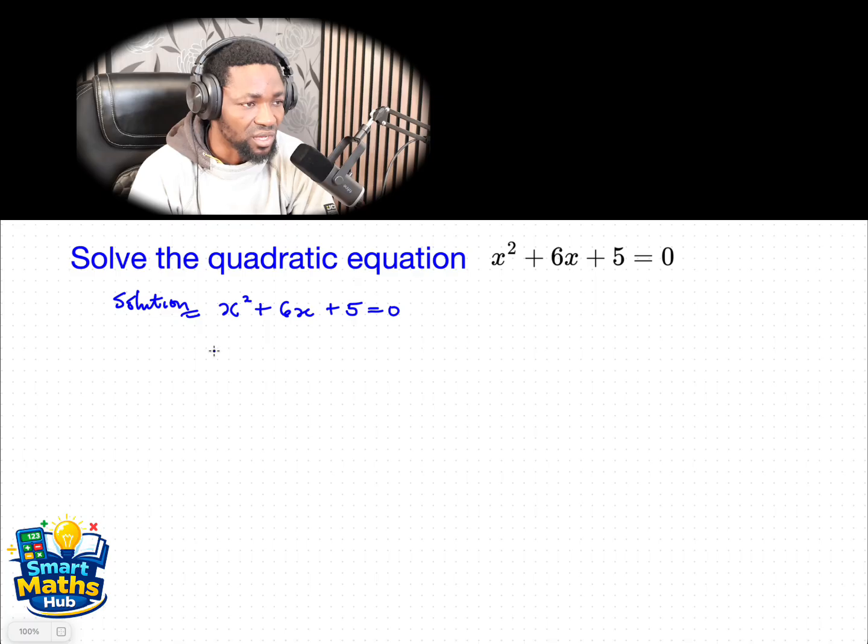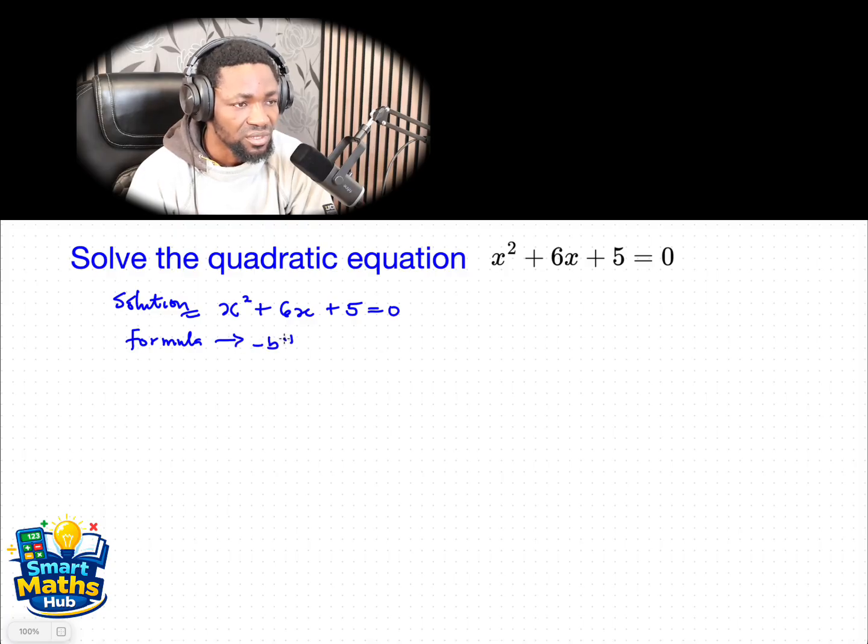So what's our formula? You will apply the formula first. Your formula is minus b plus or minus square root of b squared minus 4ac, right?